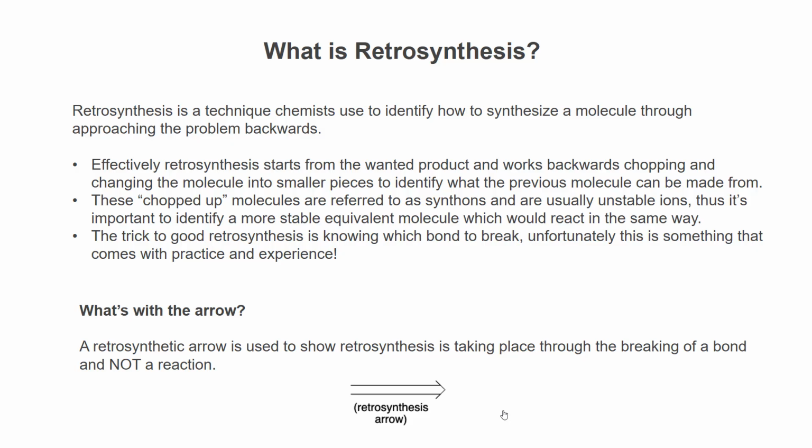This type of retrosynthesis effectively starts from the wanted product and works backward, chopping and changing the molecule into smaller pieces to identify what the previous molecule can be made from.